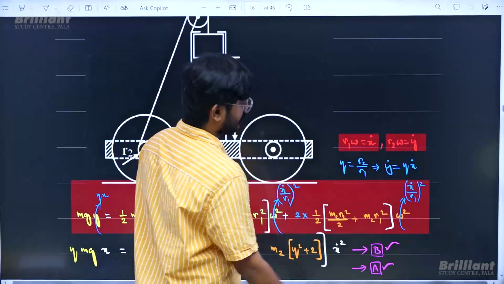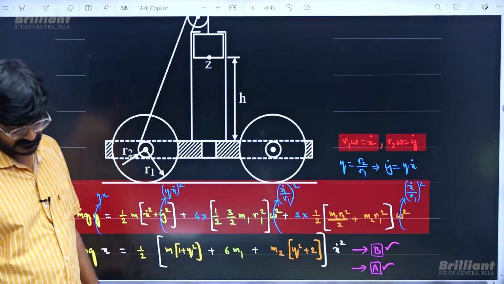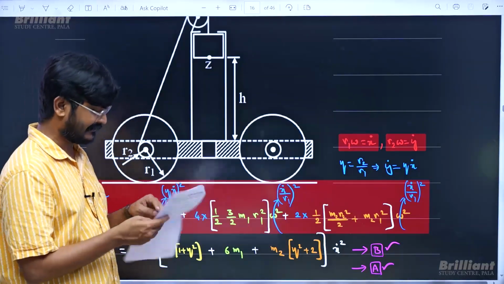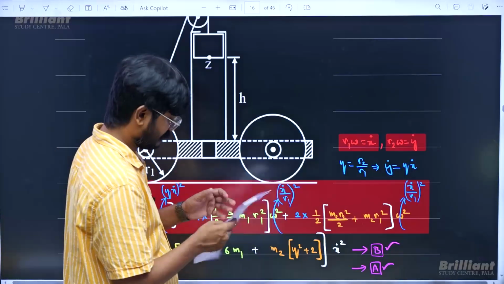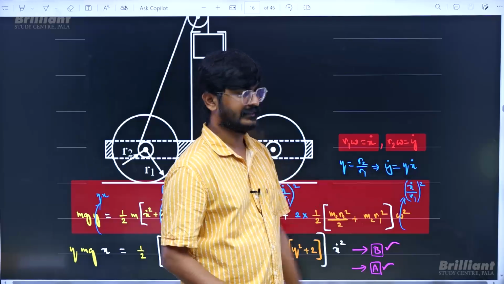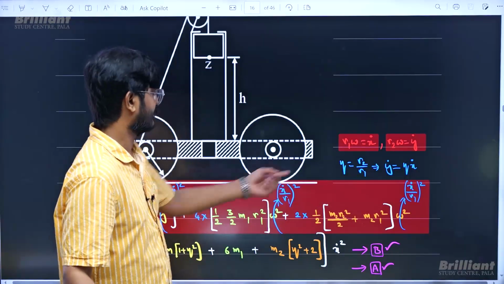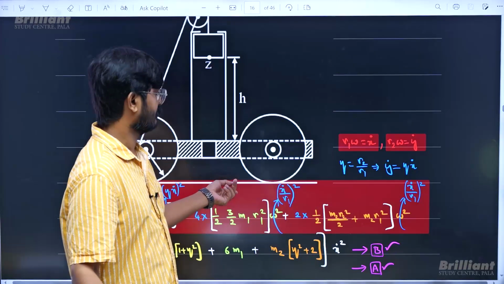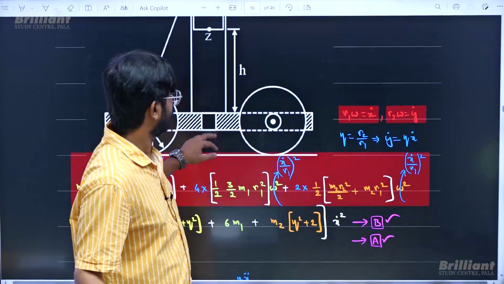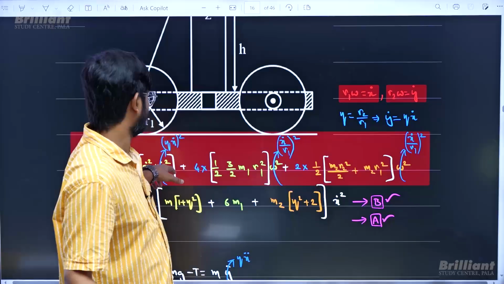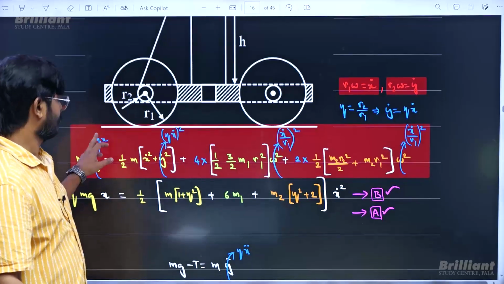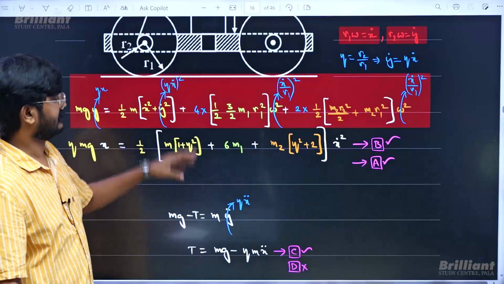Now as I have seen from the options, it is coming r2 by r1 and so on, so we are going to take eta as r2 by r1 just to make the calculation look easy. If I take this ratio, I can say y dash is eta times x dash. Then I will substitute it back, converting everything into x dash, as well as omega and y, because they are asking the velocity of the cart and the acceleration of the cart.